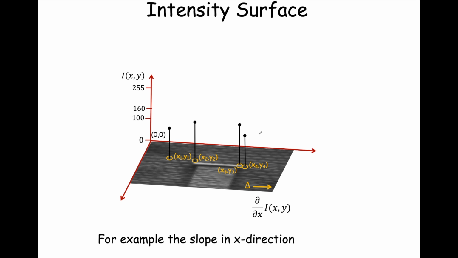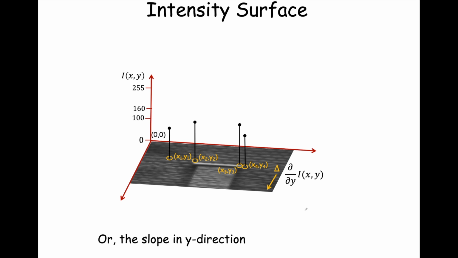Now, of course, for our principal axes for image coordinates, we have a notional x-coordinate going from left to right, and then we have a notional y-coordinate, if you will, going up and down. And so if we trace along a scan line going across the image, if we compute the slope locally from pixel to pixel to pixel, that slope of that intensity surface is going to tell us something about the content of the image along that particular scan line in the x direction.